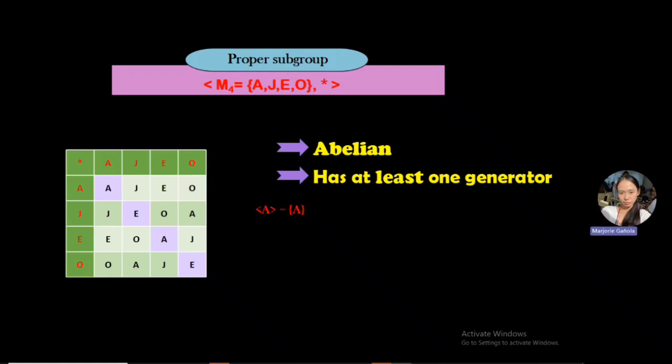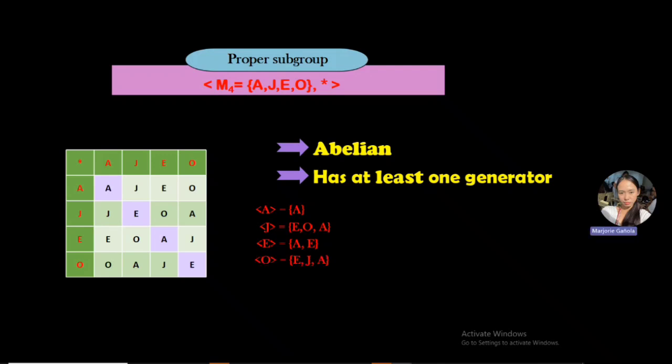We're starting with A, which generates only itself because A star A is equal to A already, the identity element. Then J generates E, O, and A because J star J is equal to E, E star J is equal to O, and O star J is equal to A. Then E generates A only because E star E is equal to A, the identity element already, because A star E is equal to E. It repeats already.